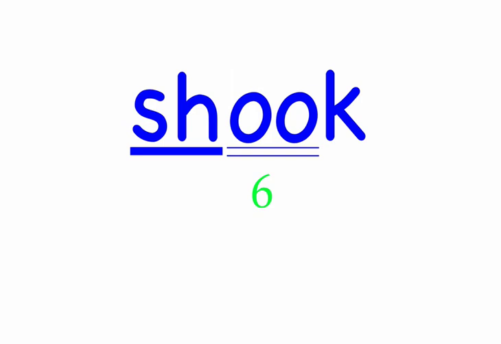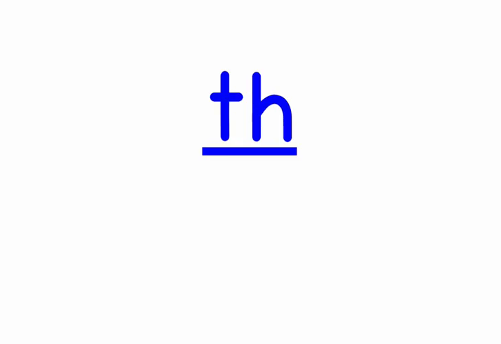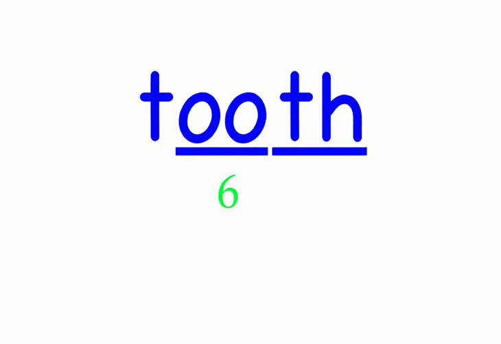Our final row, tooth. My tooth is hurting. Tooth, 3 sounds: t, oo, th. Bawl. The baby will bawl all night. Bawl, 3 sounds: b, aw, ul.